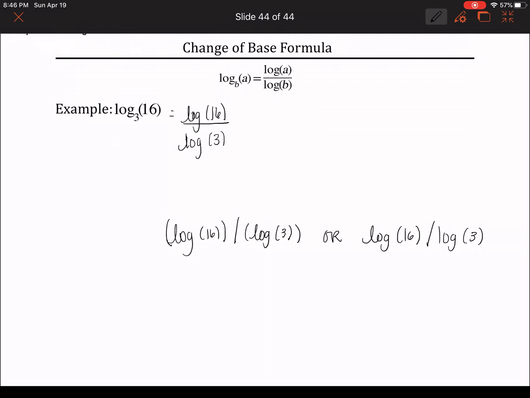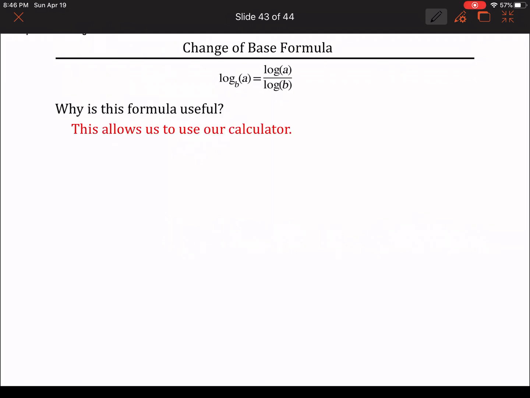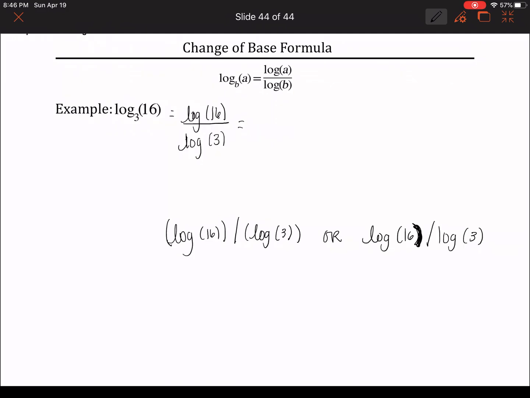But you have to make sure that you close out this log right here, because if you don't include that parenthesis, it's going to give you a totally crazy answer. When you do it in your calculator, like I'm using my TI 84, which is super old, over 10 years old, so I don't have the math function, I'm just going to use this second way that I wrote right here to type it into my calculator.